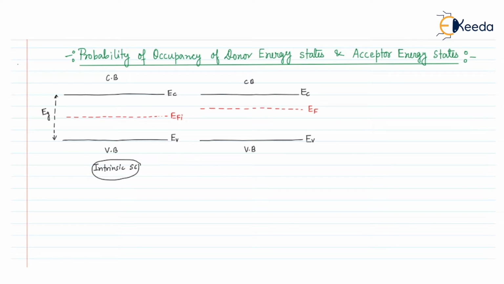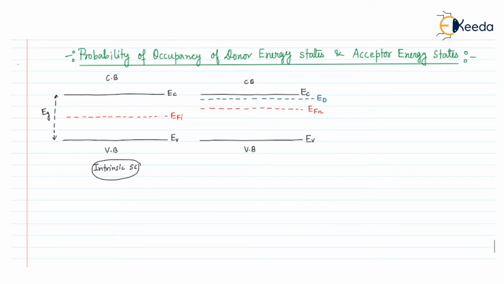I am denoting the Fermi level as EFN. Another energy level will also be created, the donor energy level in the energy gap. So ED is the donor energy level or donor energy states.